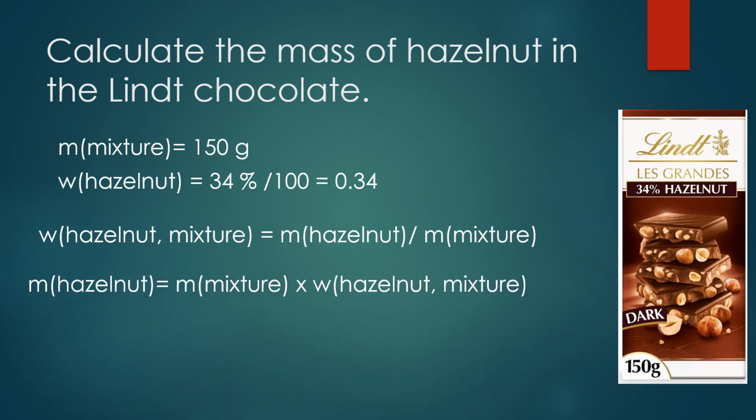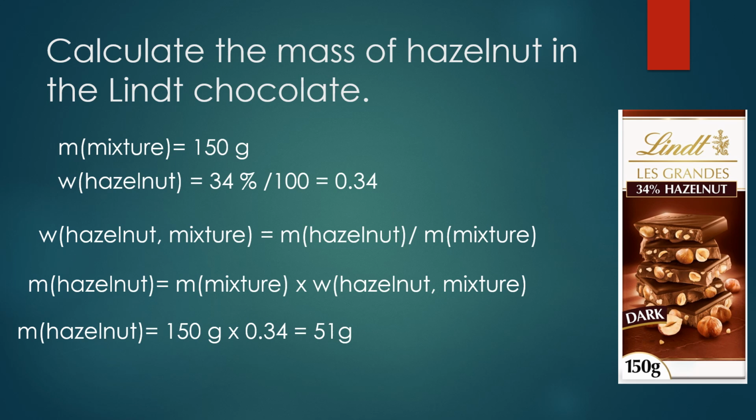The mass of the hazelnut in this case will be equal to the mass of the mixture times the mass fraction. So this is the rearrangement of the formula. When you're done with that, you put in the numbers. So the mass of the mixture is 150 grams, 150 grams times the mass fraction 0.34, meaning that the mass of the hazelnut is actually 51 grams.